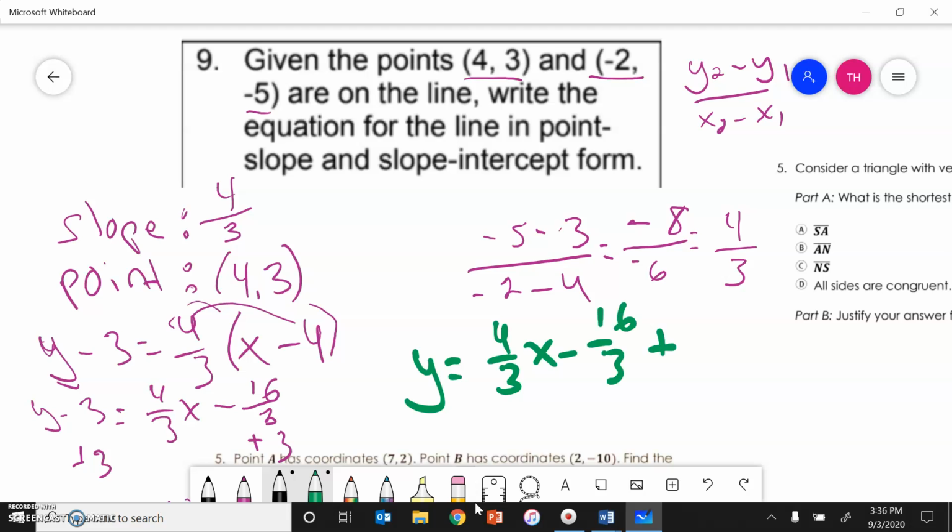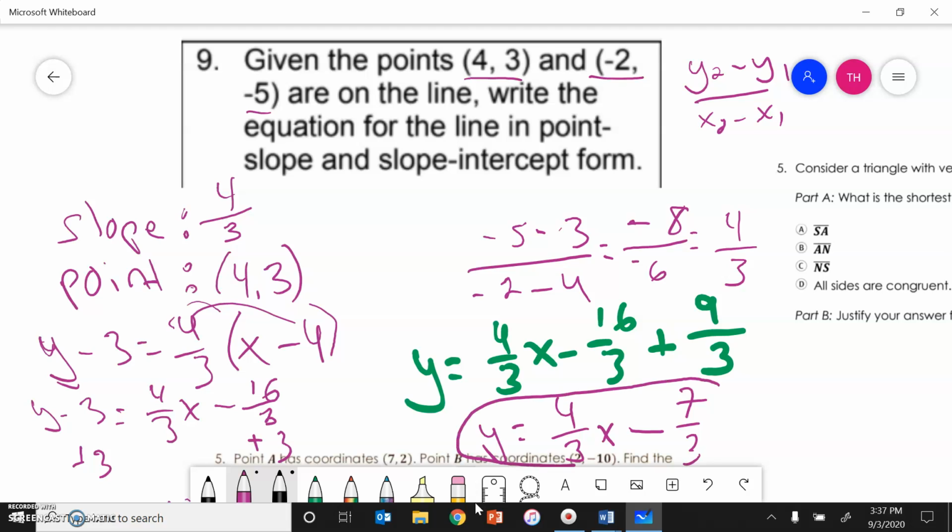And again, 3 is the same thing as 9 over 3. So because I need a common denominator to be able to add those or subtract them in this case, that's what I did. And then that's going to give me y equals 4 over 3x minus 7 over 3. And that's the equation, guys.